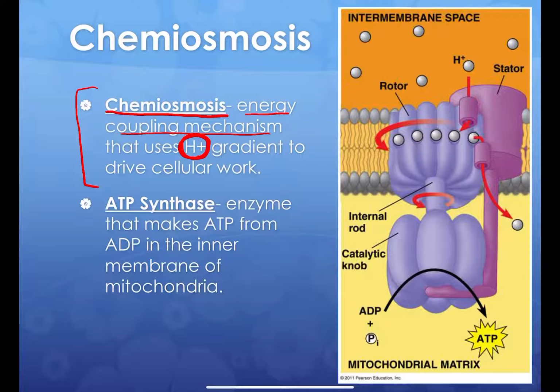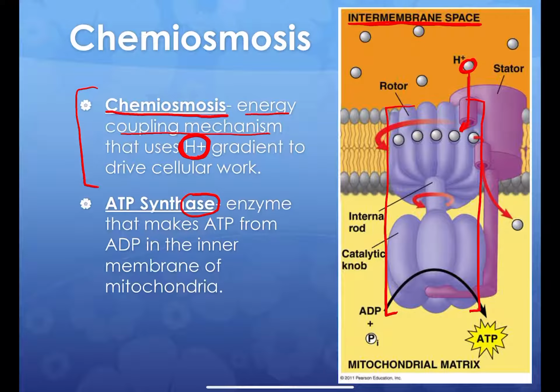When we're here in the intermembrane space and we move these electrons down the electron transport chain, they are going to drive these hydrogen ions through an enzyme, this enzyme here, called ATP synthase. We know it's an enzyme because it has that ending -ase, and it's going to make ATP from ADP, as you probably figured.